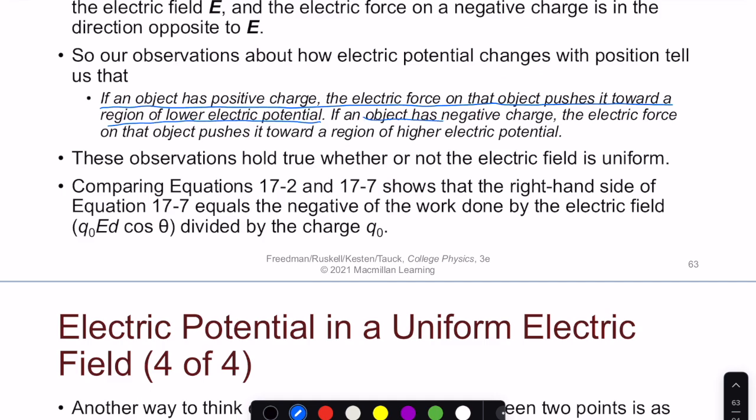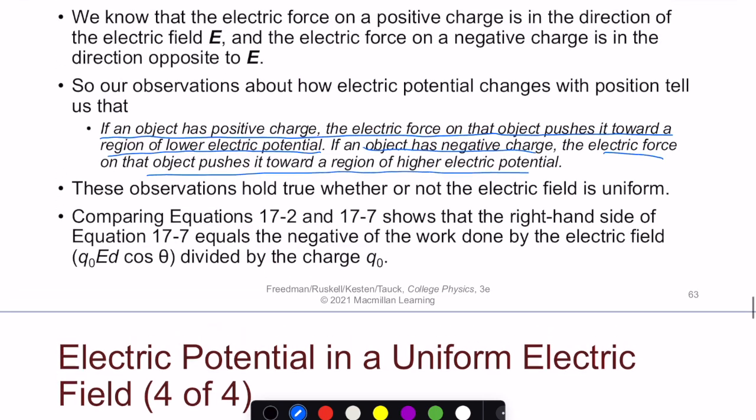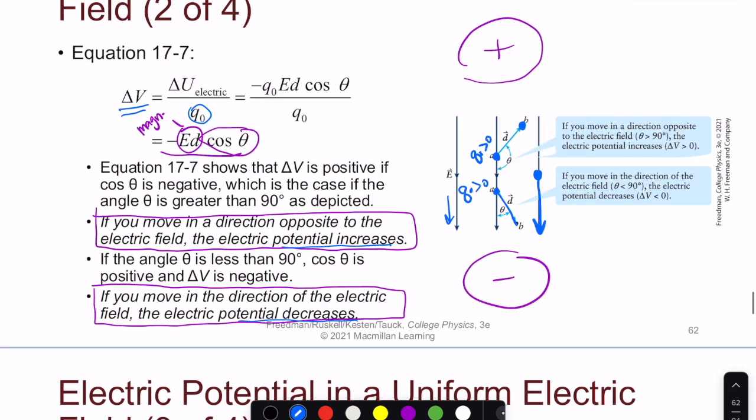If an object has a negative charge, well, the electric force is going to push it towards the region of higher potential, right? Higher potential is closer to a positive charge. So if we have a negatively charged particle and we let it do whatever it wants, it's going to want to go this way, right? Towards a positively charged particle.